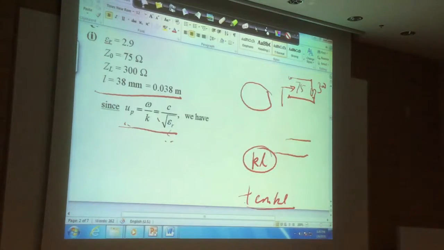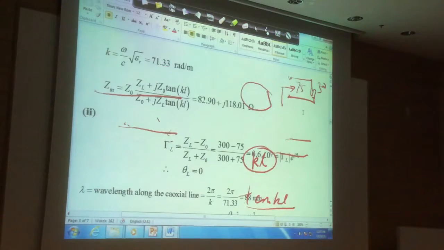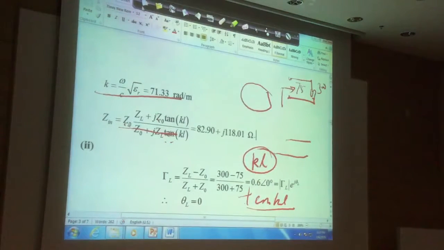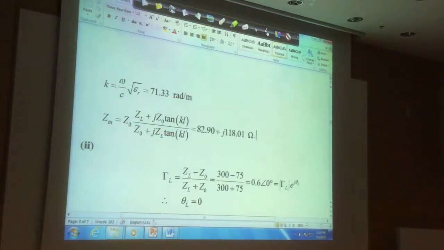Phase velocity. So then from there you can calculate k, the propagation constant. Just now I mentioned, propagation constant times the physical length is the electrical length. Right? Then substitute into this equation again. So again, you need to verify this by yourself. This is not difficult.